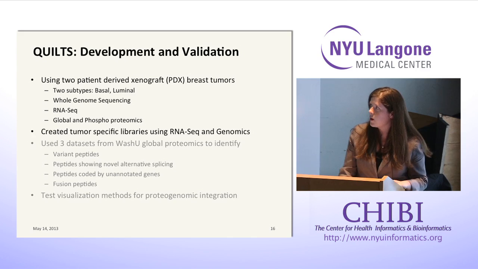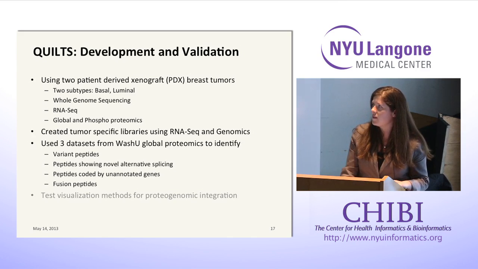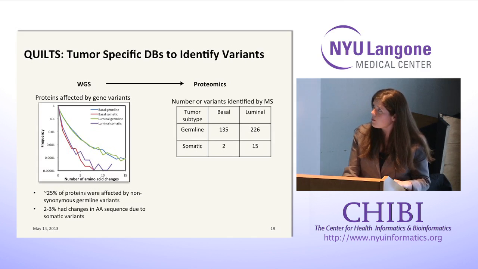So of course, we first created the tumor-specific library, and then we used 3 data sets of the proteome data sets from WashU, global proteome, to identify the variant peptides, novel alternative splicing, the peptides coded by unannotated genes, so this novel expression, as well as fusion peptides. And then we tested visualization methods for the proteogenomic integration.